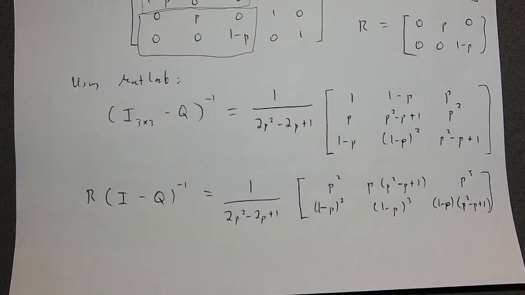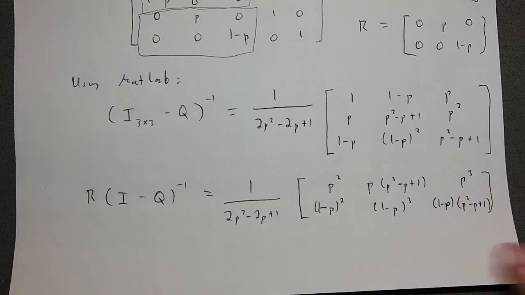So how do I use this to answer the questions that I have purely in terms of p? Remember, little p is the probability that A scores on a given point. So what about the expected number of scores before the game ends?